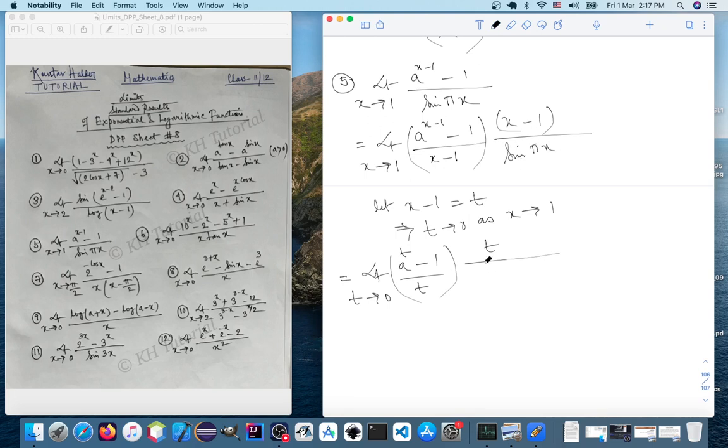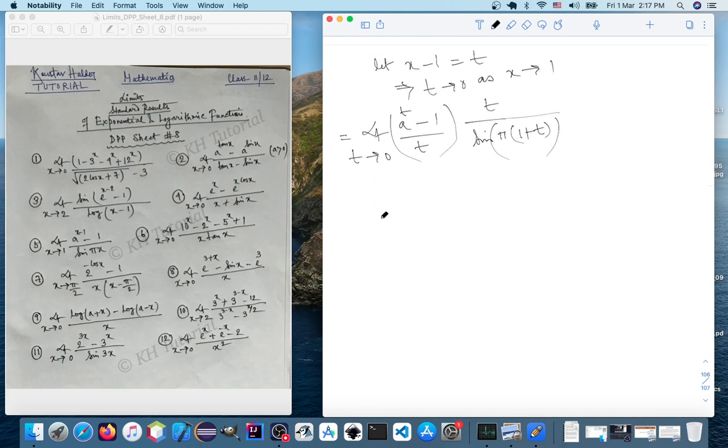So we have sine of pi times 1 plus t, now sine of pi plus pi t.